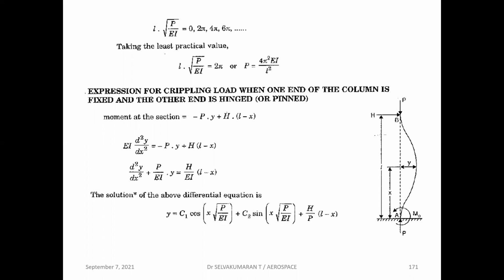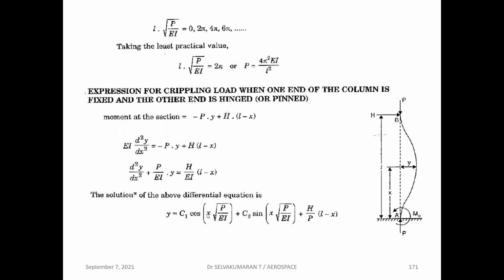So for the general solution, you just multiply the right hand side by EI by P, you will get H by P into (L minus x), which we have to add to the general solution we get when the right hand side term is 0. That is y is equal to C1 cos of x root of P by EI plus C2 into sine of x root of P by EI plus H by P into (L minus x).